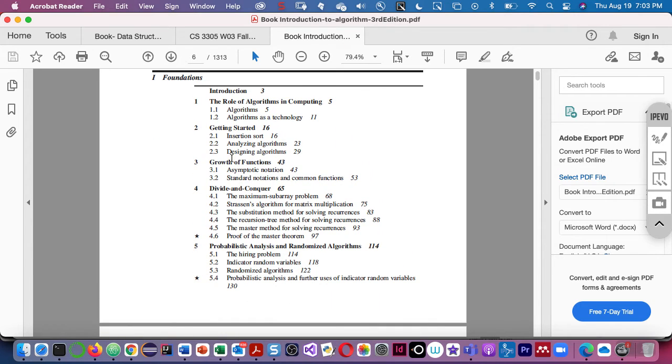Our chapter 2, Getting Started, covers the basics of algorithm analysis.